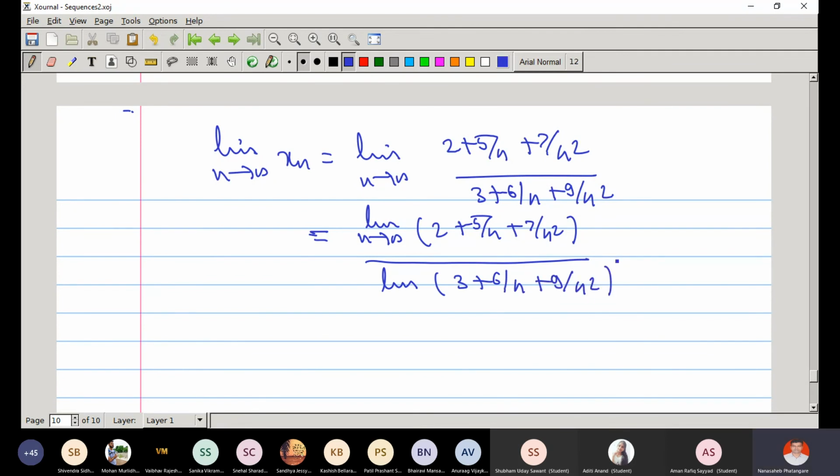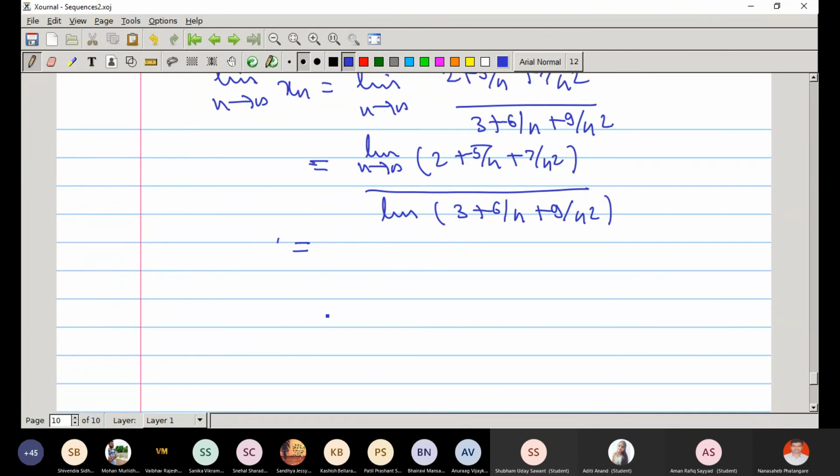Next, again the numerator itself is a limit of sum of three sequences, right? So limit of 2 plus limit of 5 by n plus limit of 7 by n square, because limit of sum is sum of limits.